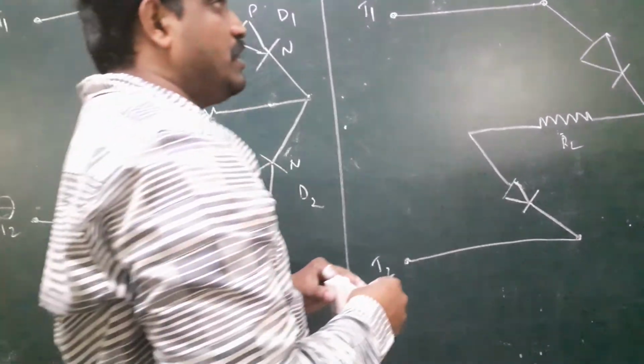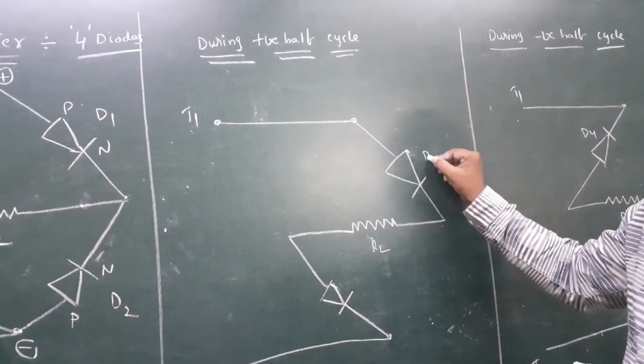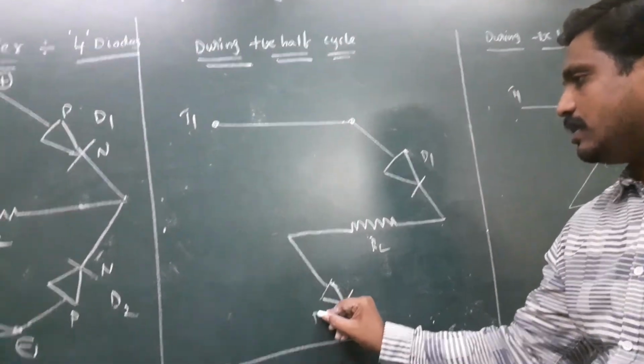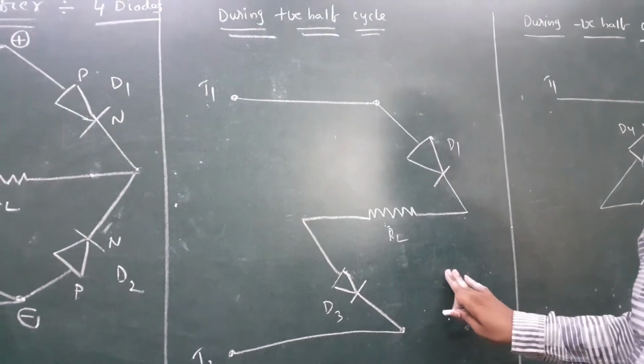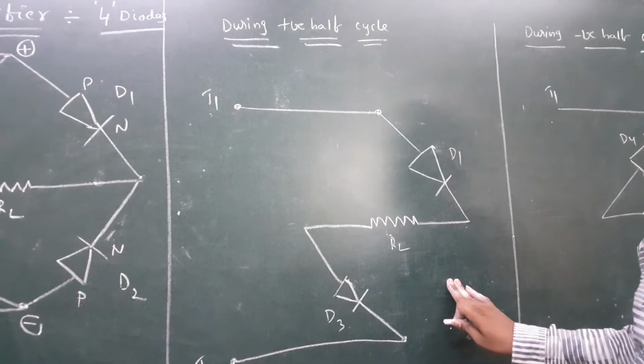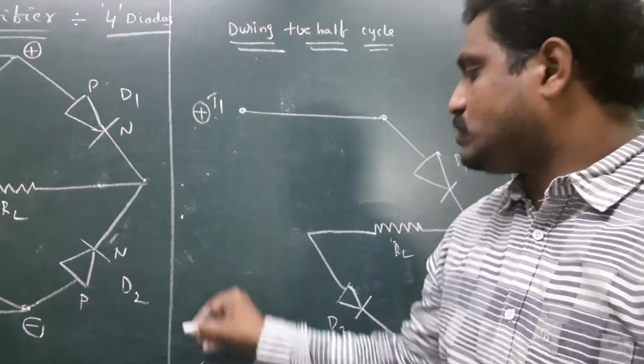Look at this diagram. During the positive half cycle, this is D1, this is D3. D2 and D4 act as reverse bias, so they will be removed. This is the plus, the positive half cycle.